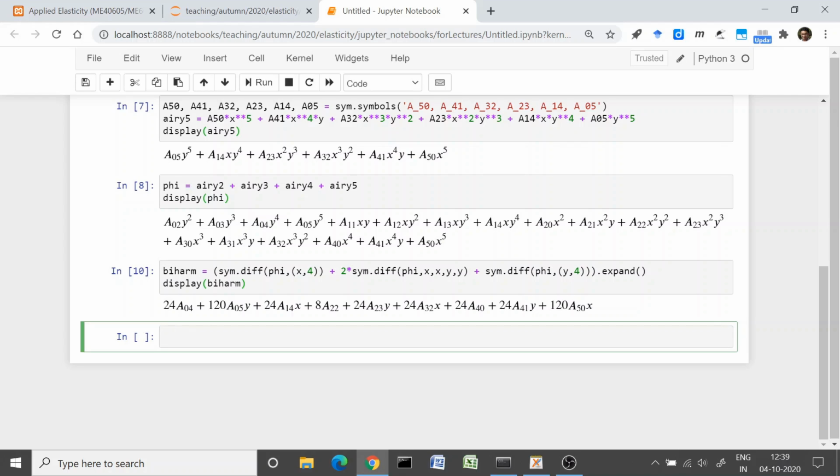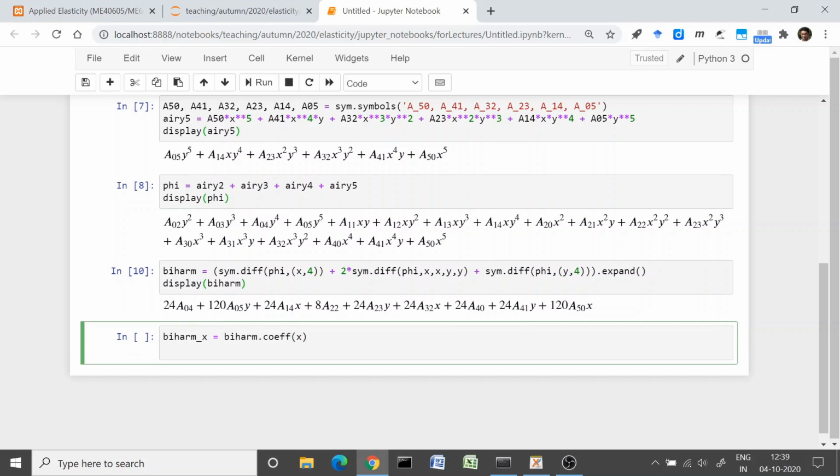First of all, let's say we have the biharmonic coefficient of x, so that will be biharm dot coefficient x. The corresponding equation from this, let's call this condition 1, because that is the first condition that must be satisfied for our entire problem. So we set it up like an equation. So biharm x should be equal to 0.